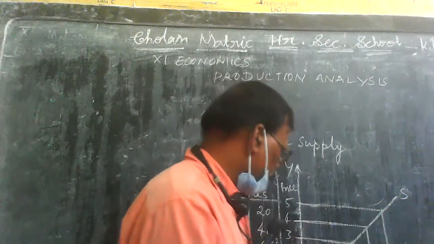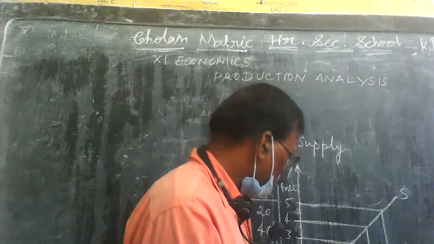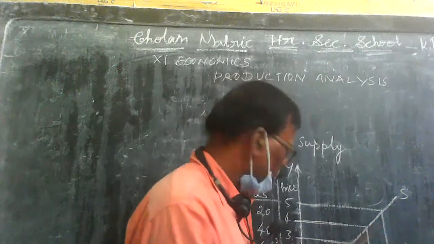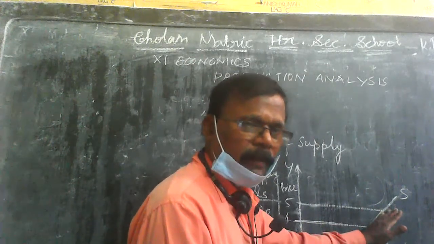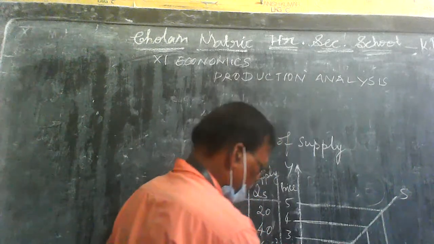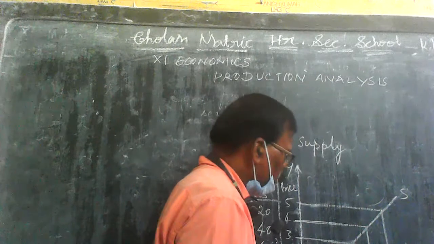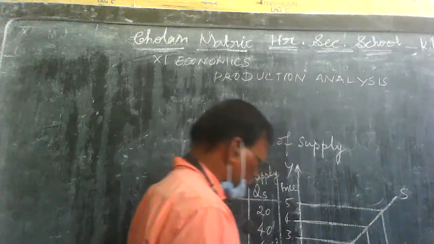That means different quantities of supply are measured at different prices. So quantity of supply is made at different prices.